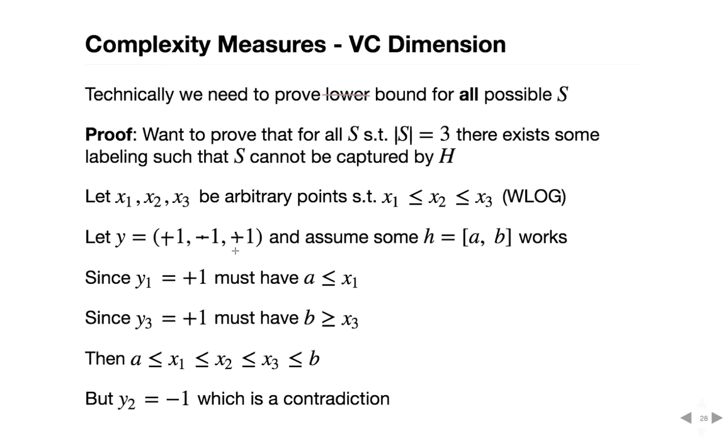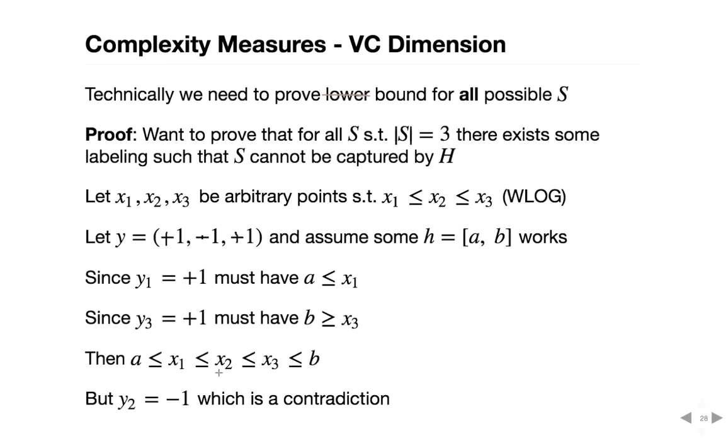And similarly, because y3 is +1, it must be the case that b ≥ x3, because x3 better be on the left side of b. And from the assumed ordering of the points, that means that a ≤ x1 ≤ x2 ≤ x3 ≤ b.